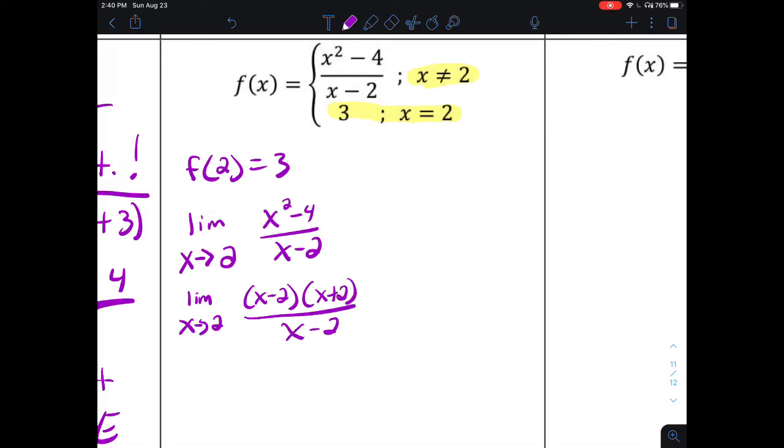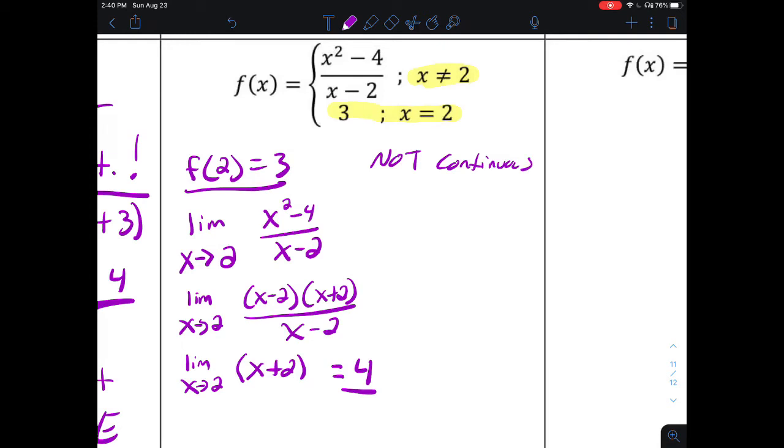We can cancel out the x minus 2s. So this is going to leave me with x plus 2. And now we can substitute in, and we see that when we put 2 in, we get 4. So the limit existed, and the function was defined. However, it's not continuous.